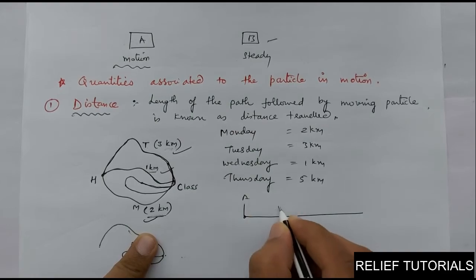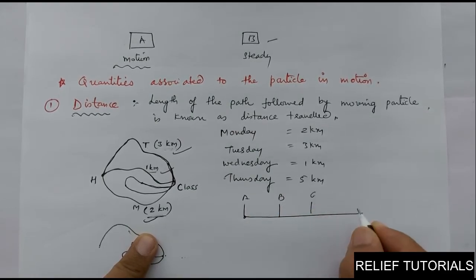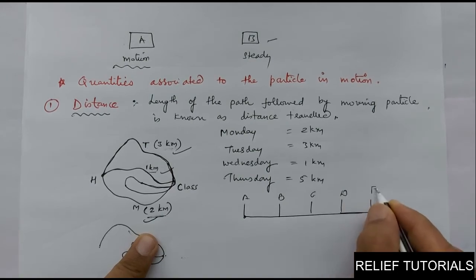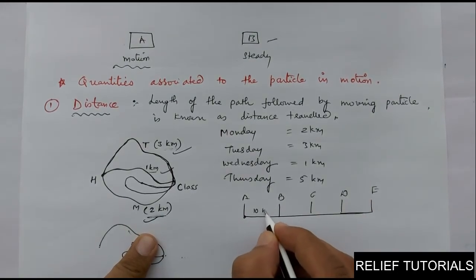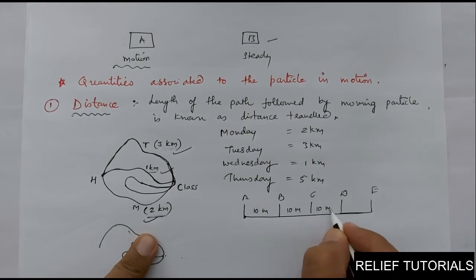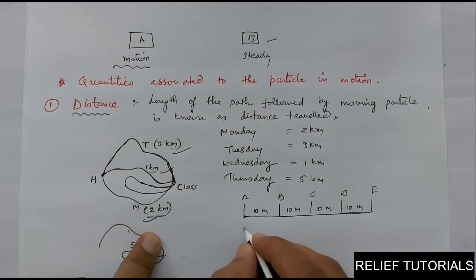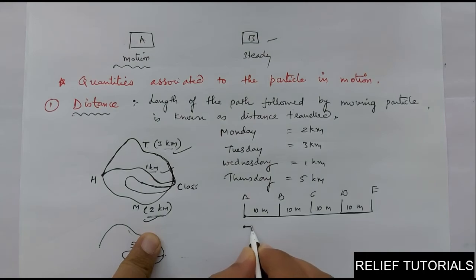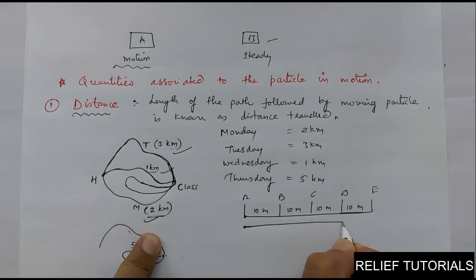This is bungalow number A, bungalow B, bungalow C, bungalow D and bungalow E. Distance between each bungalow is 10 meters. One person, let's say me, I myself start my journey from this point A. I want to go to bungalow number C. But in a hurry, I pass bungalow number C and reach bungalow number D. Then I realize that I reached somewhat ahead of the destination. So I take a U-turn and go back to bungalow number C.